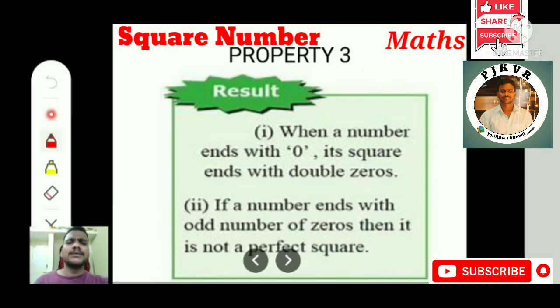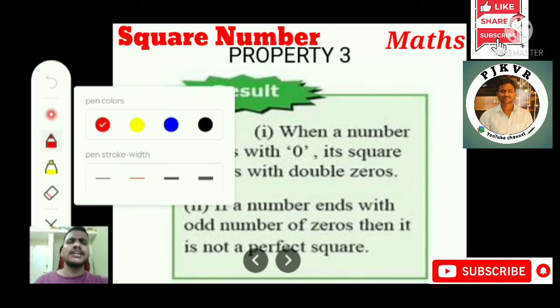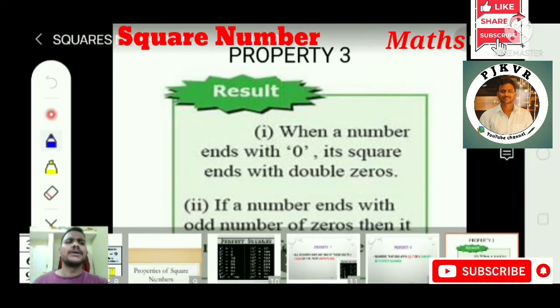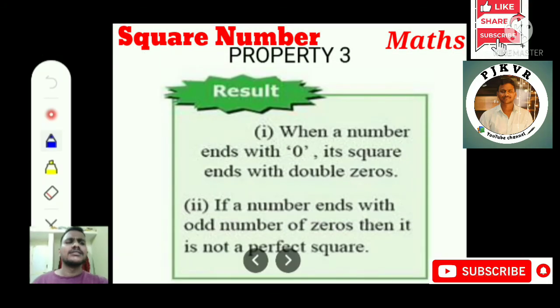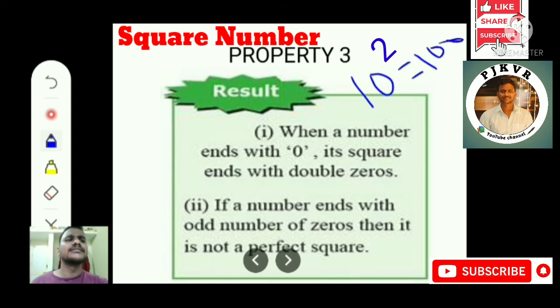Take one example: 10, its square is 100. When a number ends with 0, its square ends with double 0. You see, 10 has a single 0, and its square ends with double 0.